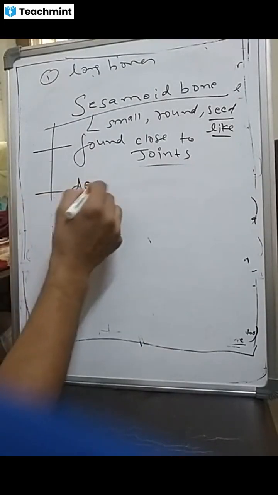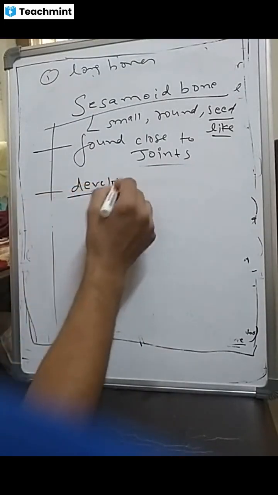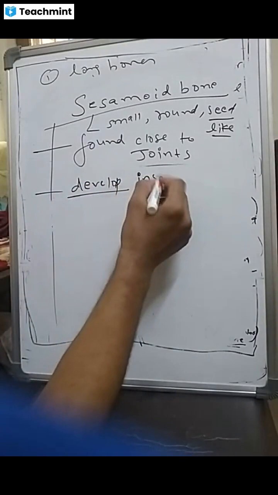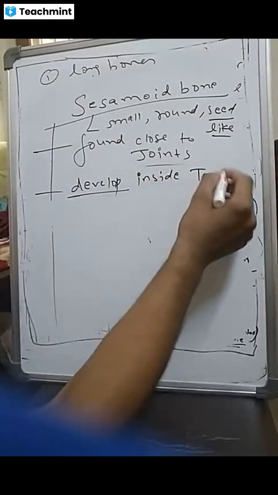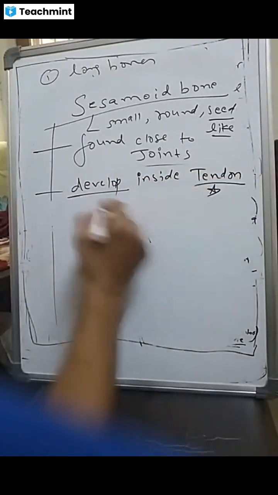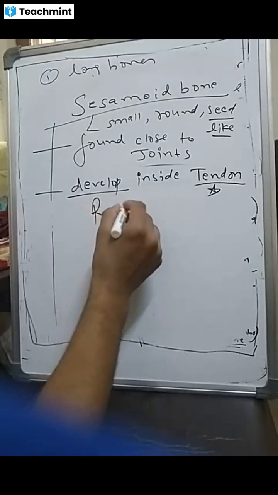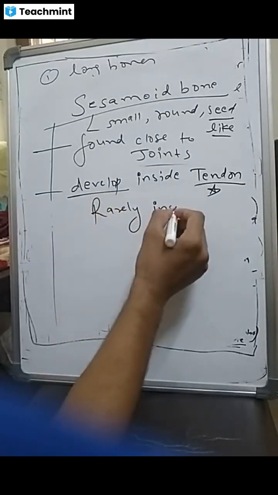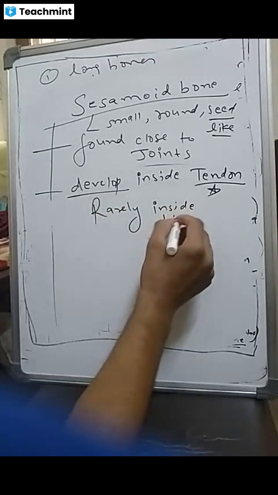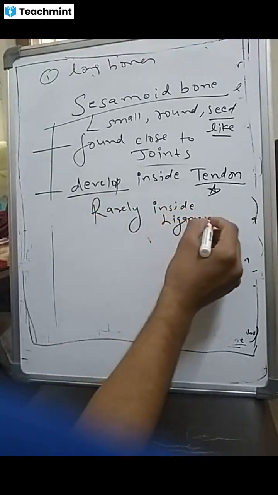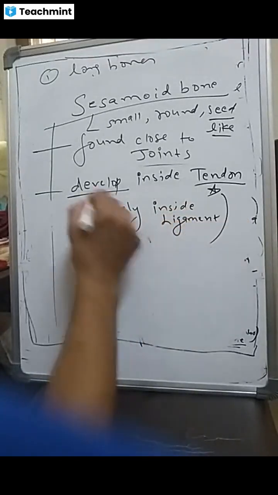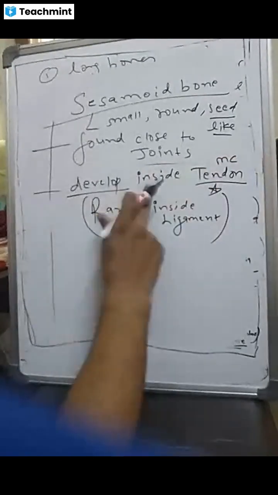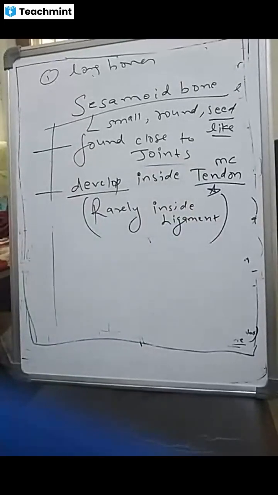Where do they develop? Inside the tendon. Rarely inside a ligament, that is very rare. So most commonly they develop inside the tendon.